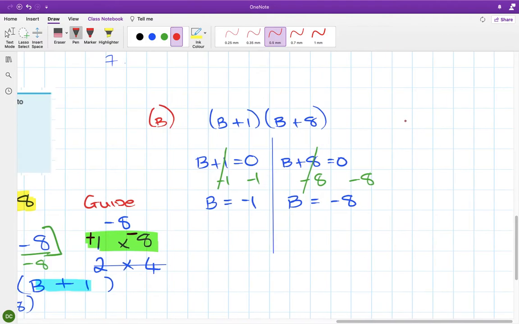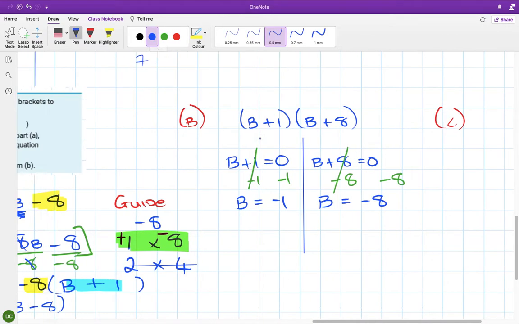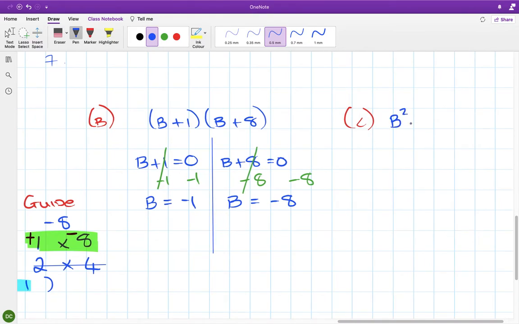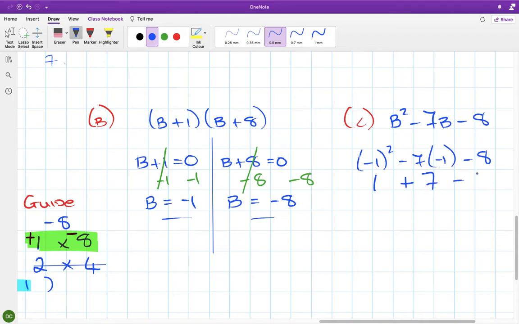Last step then is to verify. So I take the original, so b squared minus 7b minus 8. And I'm going to put my two answers in. So minus 1 squared minus 7 times minus 1 minus 8. So this is 1. These two minuses make a plus, so that's plus 7 and minus 8.